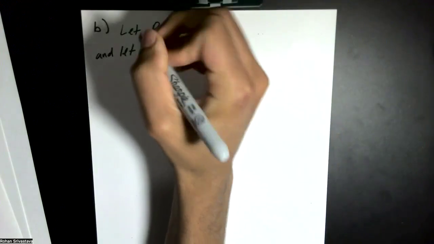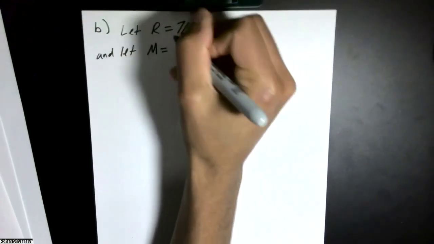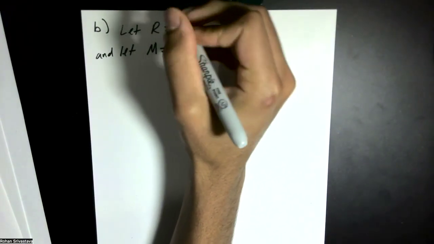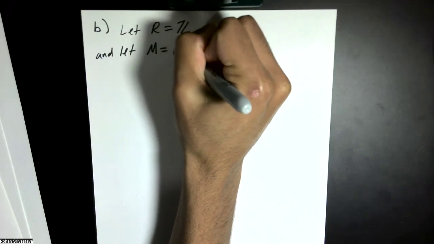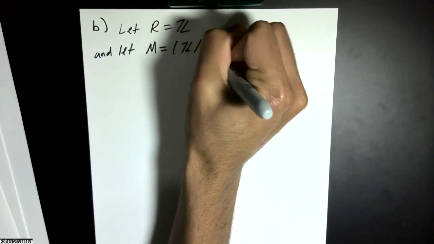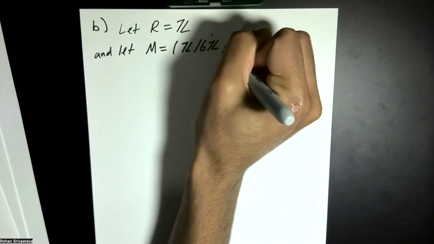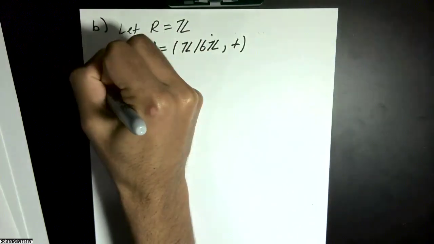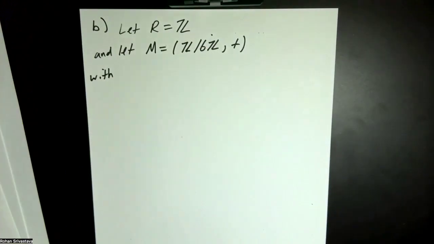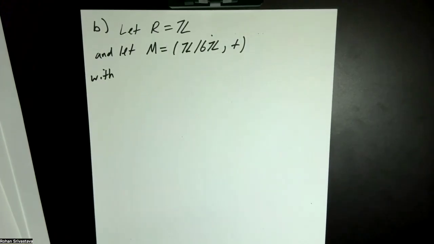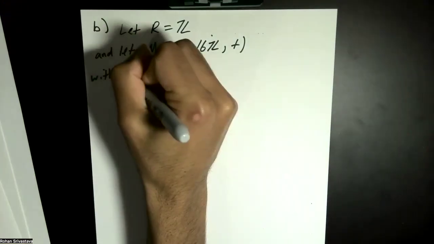And let M be Z mod 6Z under addition. If M is going to be a left R module, we have to say what the action is.